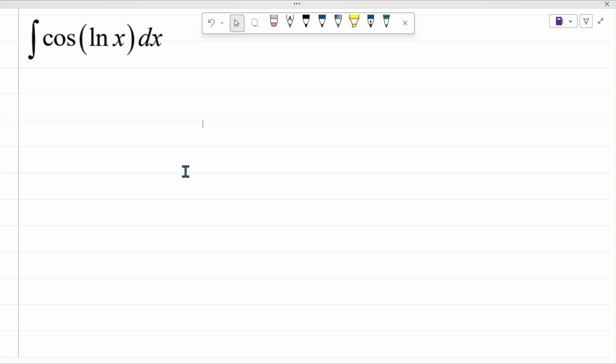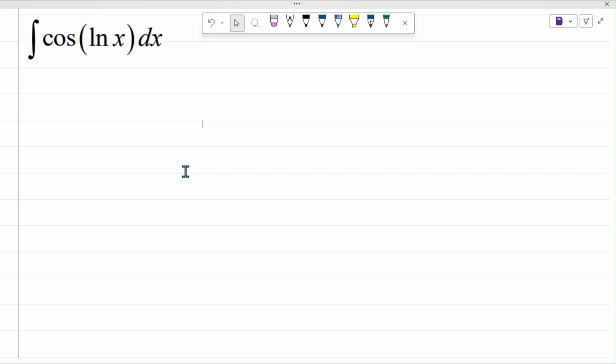So I'm going to force this one to be in a way that we can use LIATE. At the end of the day, we're going to get to the same answer as those professionals that use that explanation of saying this function is easy, the other one is not easy. Understand?